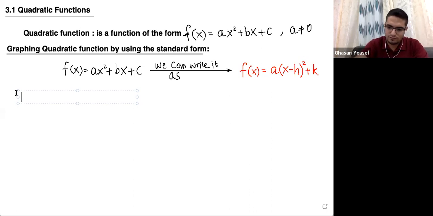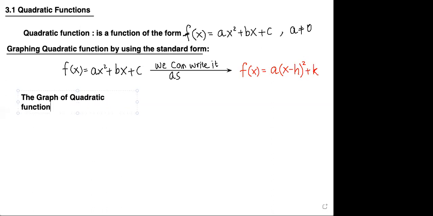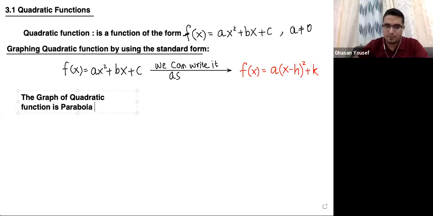So here the graph of a quadratic function is a parabola, such that this parabola has a vertex. The vertex is going to be h, comma, k.